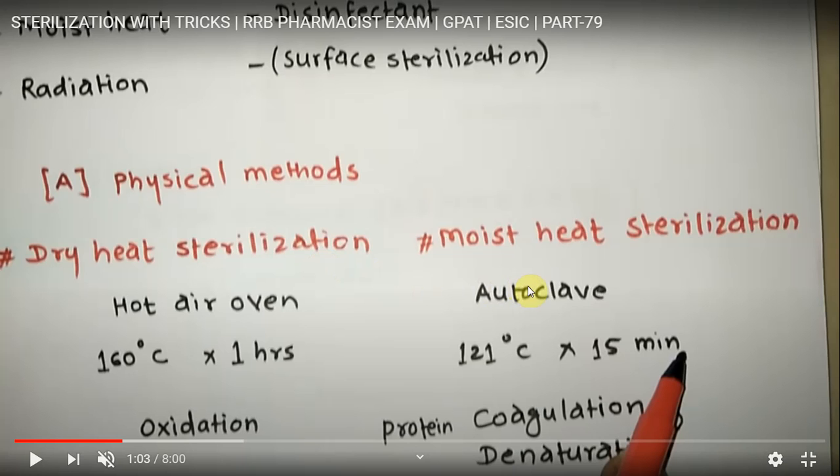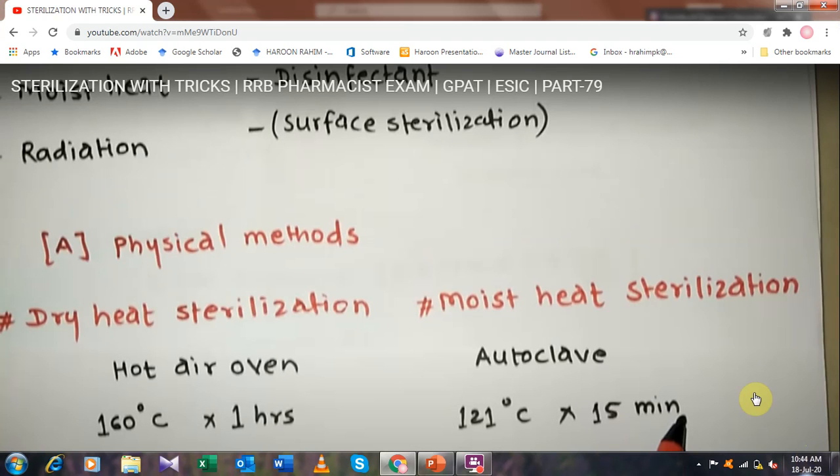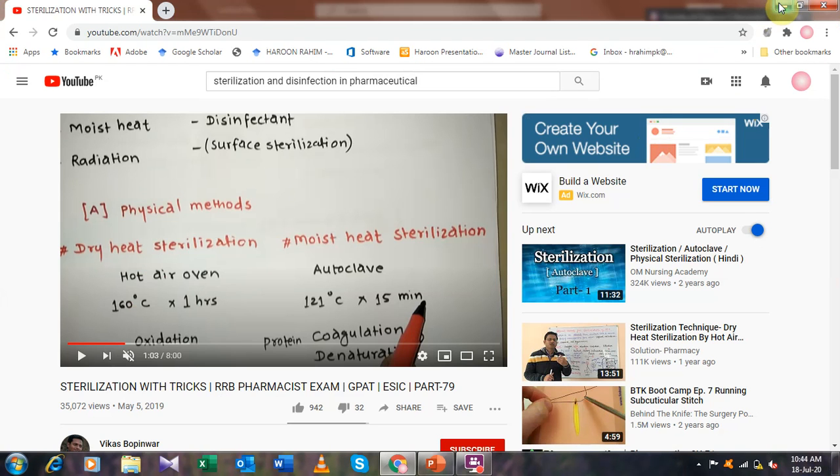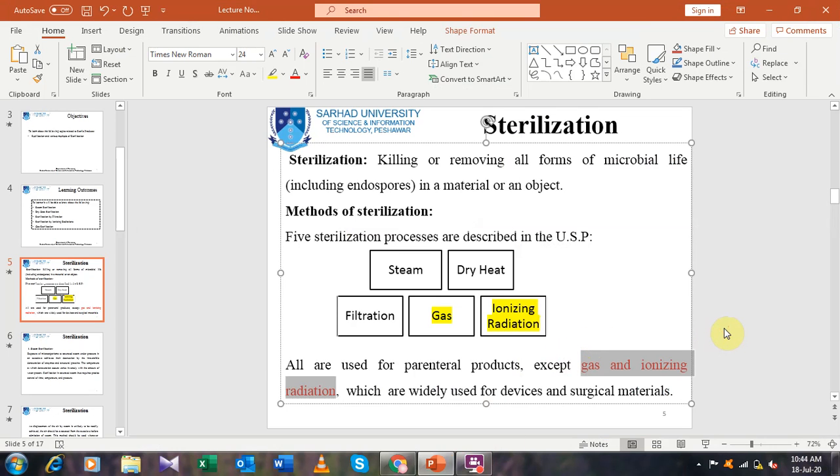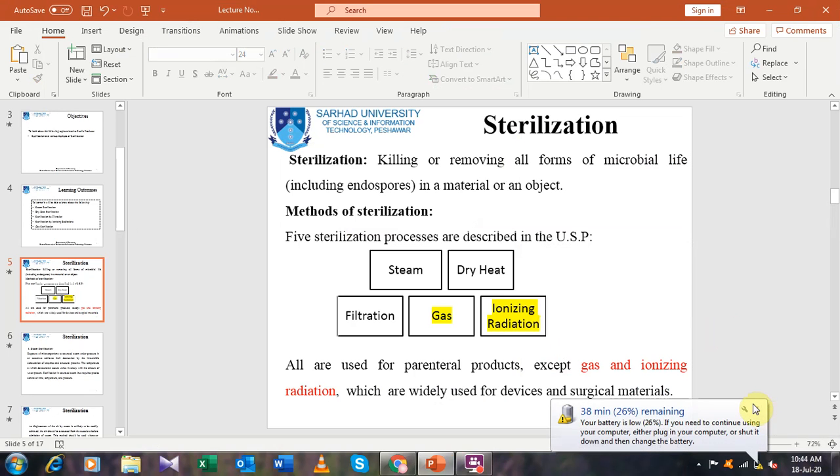As you know, autoclaving is one of the examples of moist heat sterilization, and here you can see on the screen 121 degrees centigrade for 15 minutes, that you have studied in microbiology or any other courses. At 121 degrees centigrade for 15 minutes is the time for the sterilization by moist heat sterilization.